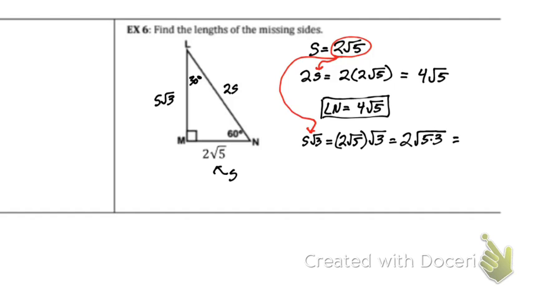So now we're going to have 2 times the square root of 15. There's no way to simplify square root of 15, so that's just our answer. S square root of 3 equals 2 square root of 15. S square root of 3 goes to side LM. So LM is going to equal 2 square root of 15.